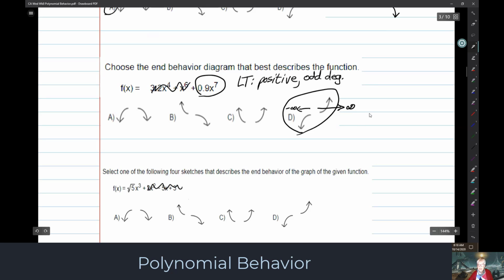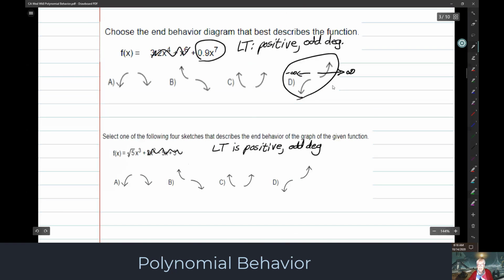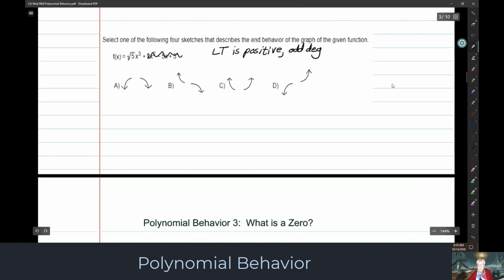And finally, here's another positive odd degree. The LT is positive and of odd degree. Which means it's going to look just like the other one, positive and odd degree.